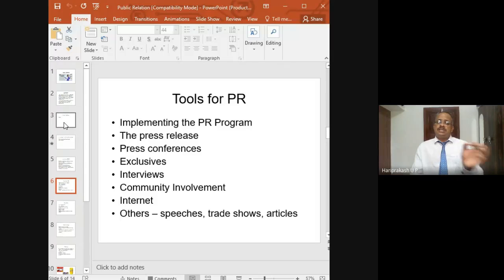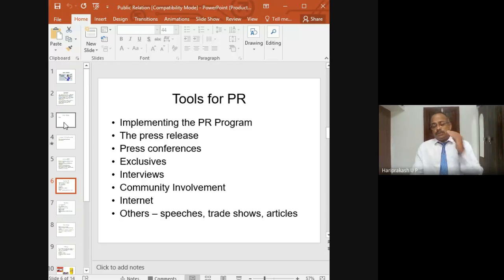So politicians are very good at public relations. Not only company, individuals also do public relation, whether it is celebrities, sports people, film celebrities. They involve in public relation activity. They have a public relation officer with them. They will be speaking on behalf of that person.